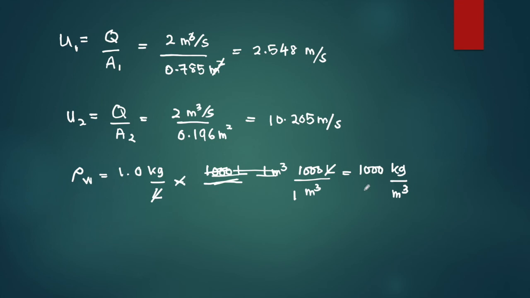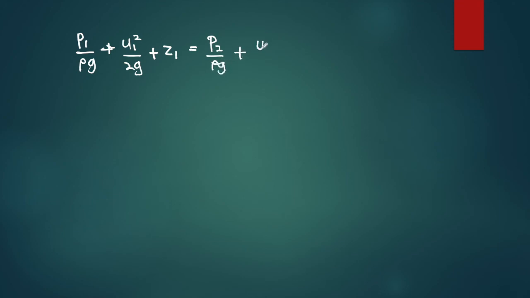So we already have all the values to be substituted into our Bernoulli's equation. Next, we move to Bernoulli's equation. P1 over rho g plus U1 square over 2g plus Z1 equal to P2 over rho g plus U2 square over 2g plus Z2.